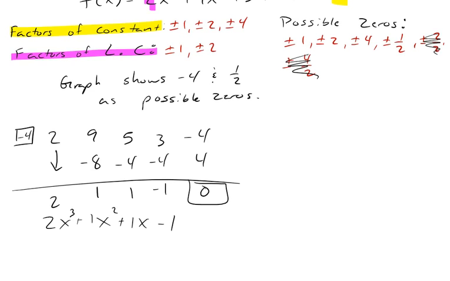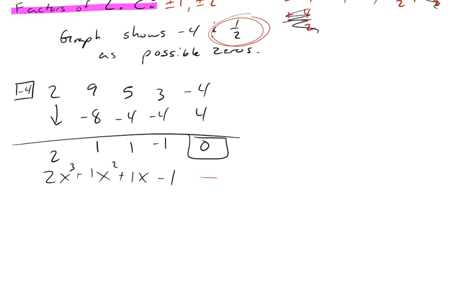Since it showed me that this is also a possible zero, I'm going to now use 1/2 for this step here. So let's use a different color, and that will be 1/2, 2, 1, 1, -1.